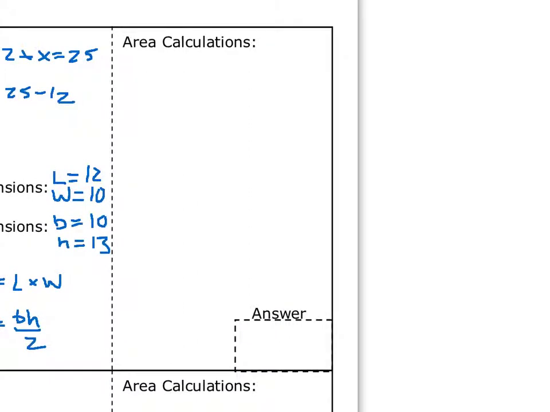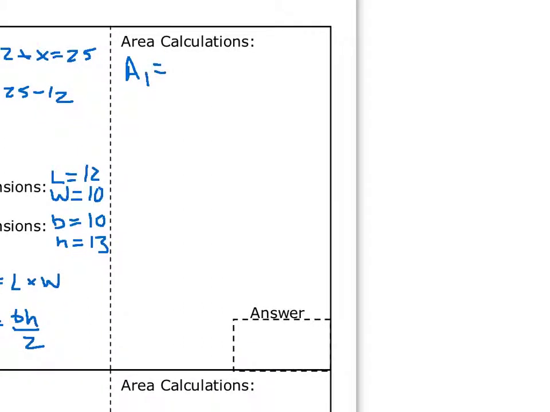All right, so if I want to find the total area, I need to find the area of shape 1, which we said was length times width. We said the length was 12 and the width was 10. So that tells us the area for shape 1 is what? Sarah? 120.